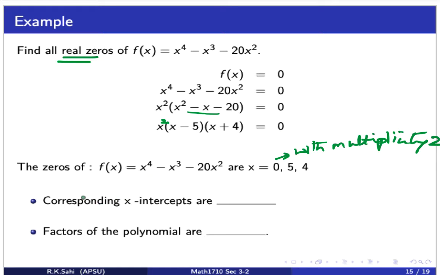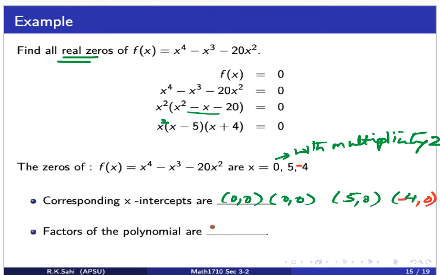So let's write down the corresponding x-intercepts. (0, 0), which is basically repeated because of x squared, and then (5, 0), and (4, 0), and again minus 4, it should be there. Nice little typos we are having, guys. It's a minus 4. So (minus 4, 0). So what are the factors of this polynomial?